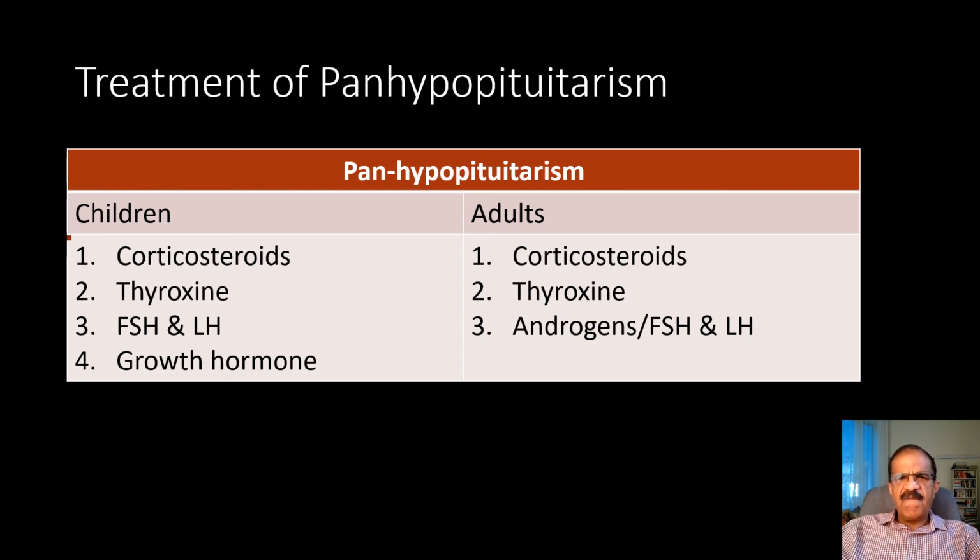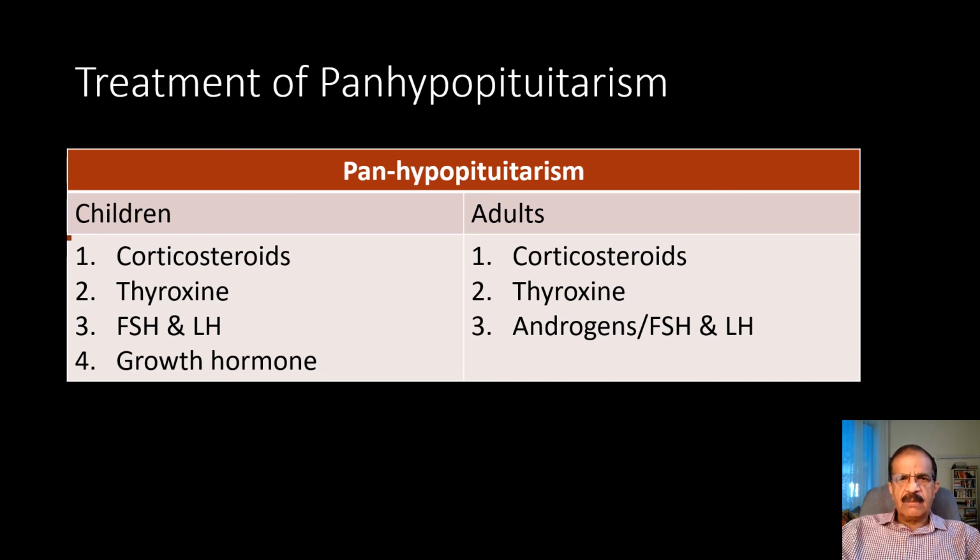And then FSH and LH will not be needed if somebody has completed the family and does not want children. So we can just replace the sex hormones, estrogen in women and testosterone in men. If we give them, their secondary sex characters will be restored.